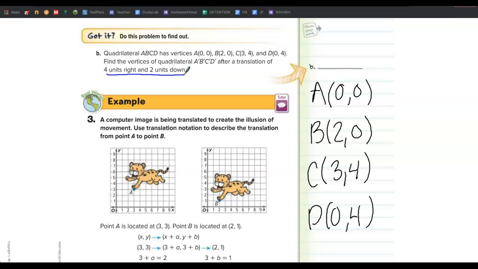Plus. So I'm going to add 4 to my X's. So let's just write plus 4 underneath all of the X's. And then 2 units down, that's going to be my Y. So minus 2. So then I'm just going to write minus 2 under all my Y's.